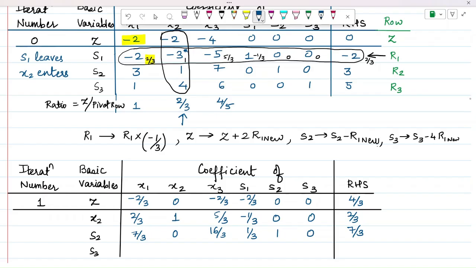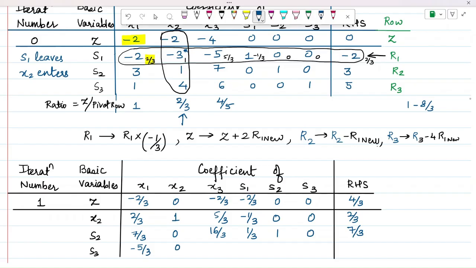Okay, now moving on to the last row, that's R3 or the S3. Let me name it as R3 itself here. This was R2 if I'm not wrong. This is S, and this is R3. Okay, fine. So let's fill in the values for the R3 row. So I have 1 minus 4 times 2 by 3. So 1 minus 8 by 3, which becomes negative 5 by 3.